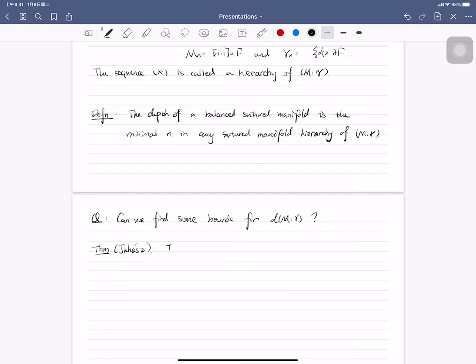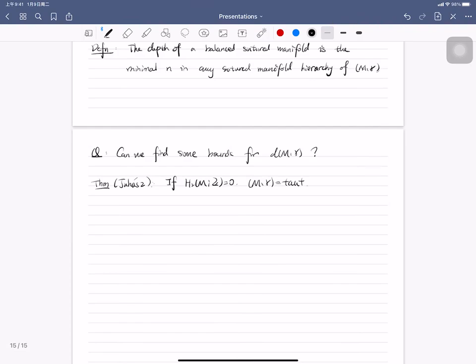So say if the second homology of M is 0, of course, M and gamma is taut, and we have an actual assumption that the rank of the sutured Floer homology of M and gamma is strictly smaller than 2 to the k plus 1's power, then the depth is at most 2k.